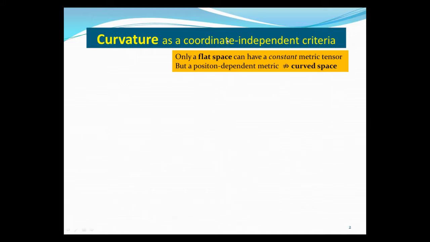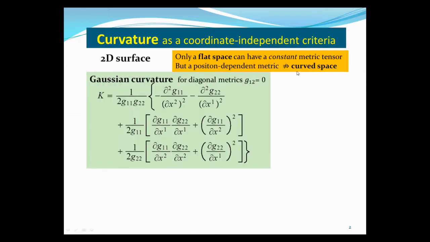Curvature is a coordinate-independent criterion to decide whether space is curved or not. We said only a flat space can have a constant metric tensor, but does a position-dependent metric tensor imply a curved space? In a flat space you can have curvilinear coordinates, for example polar coordinates, so you can still have a position-dependent metric. Therefore, the metric by itself is not a good criterion to decide whether space is curved or not.